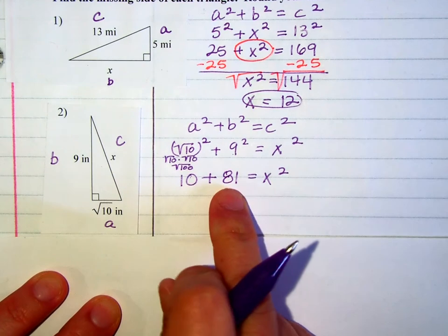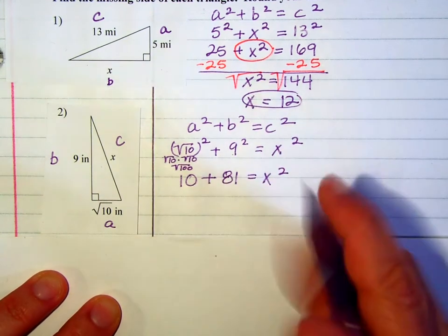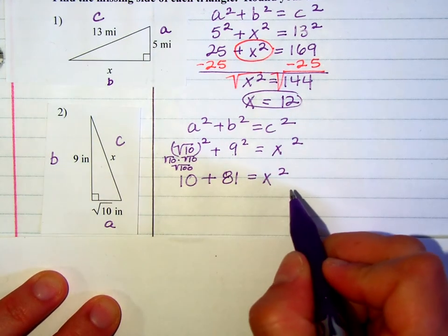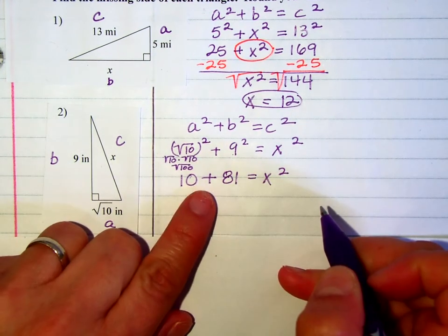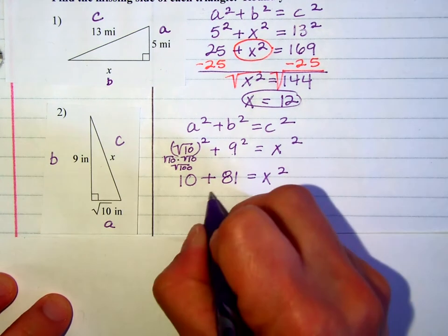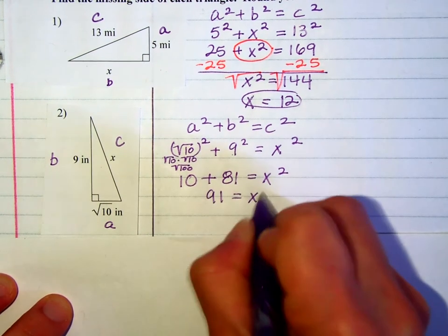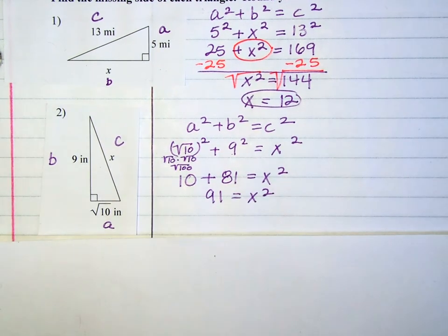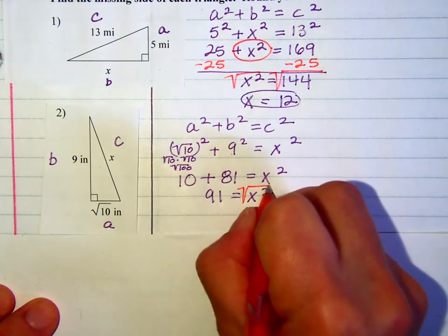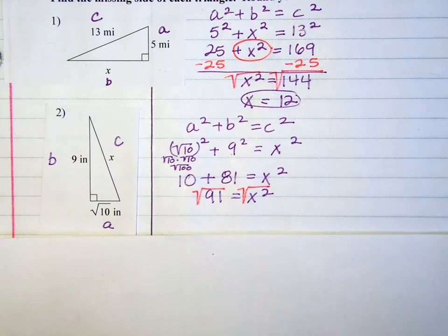Now we're going to add these two together. In this case, we don't have to subtract because my x squared is already isolated. So all I have to do is combine what I have on the left. This turns into a 91, but I still have to take the square root of x squared in order for us to get the value of x.